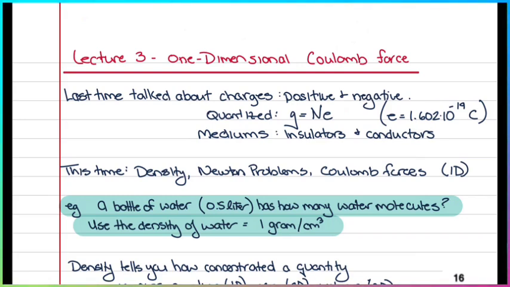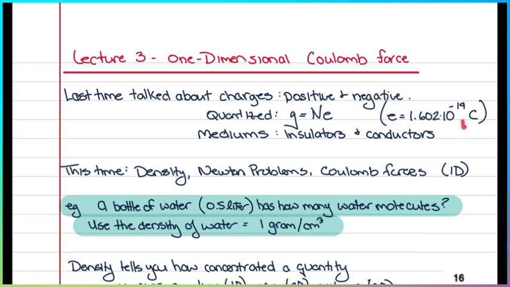So, review from last time. Last time we talked about charges, that they come in two flavors, positive and negative, which we now know is a result of the protons and the electrons in atoms. As a result, charge is quantized, and the net charge is some integer n multiplied by this fundamental charge constant e, which gives you the amount of charge per electron or per proton.